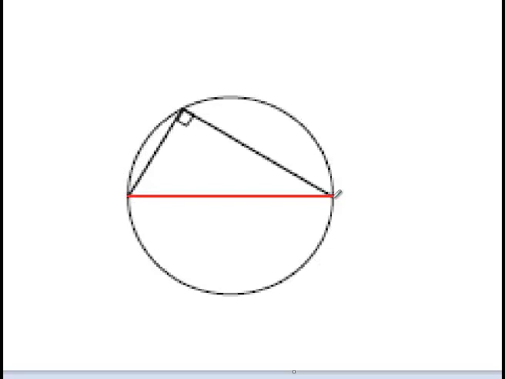How many degrees of arc is this semicircle? Well, of course, it has to be 180, because it's exactly half a circle, and we know a full circle is 360. So this arc has to be 180, and obviously the other arc would also have to be 180, because 180 plus 180 is 360.